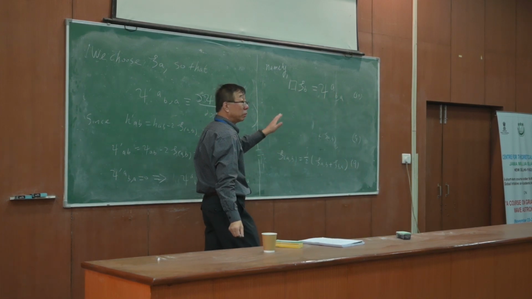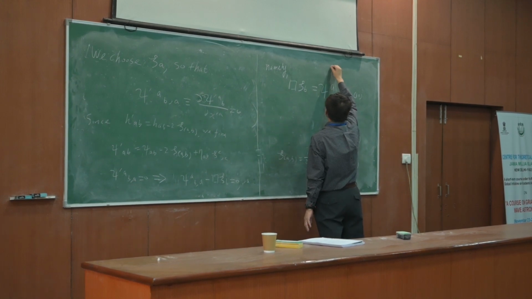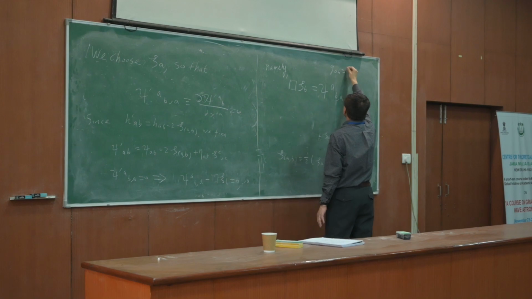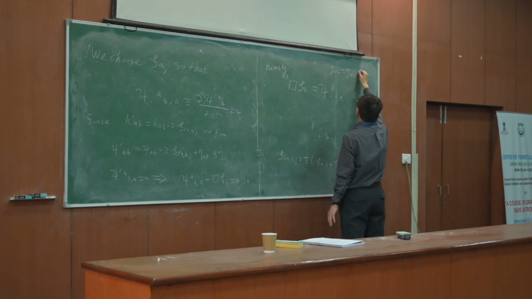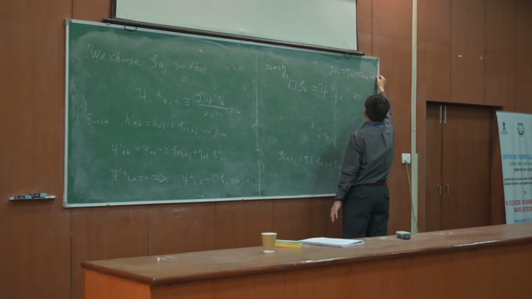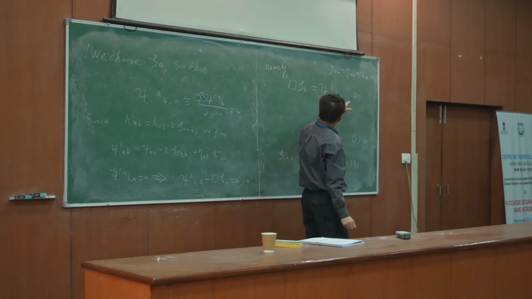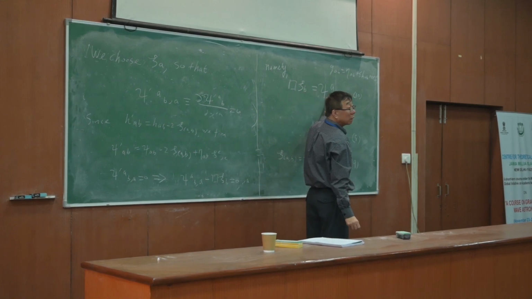Remember we calculate the metric, which is eta_ab plus epsilon h_ab plus the second order term, right?